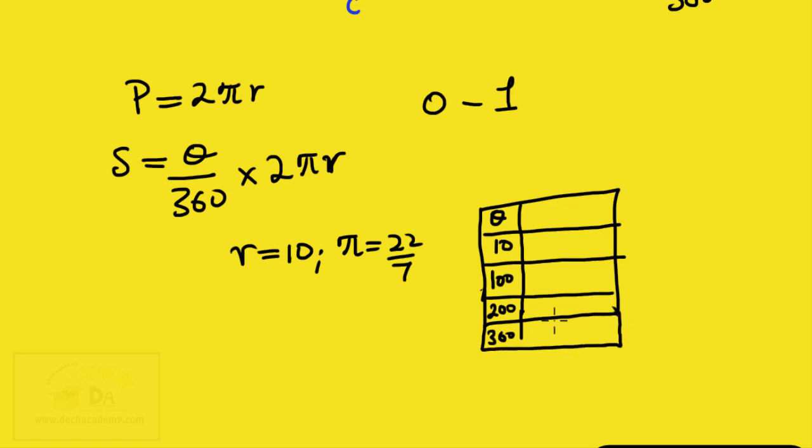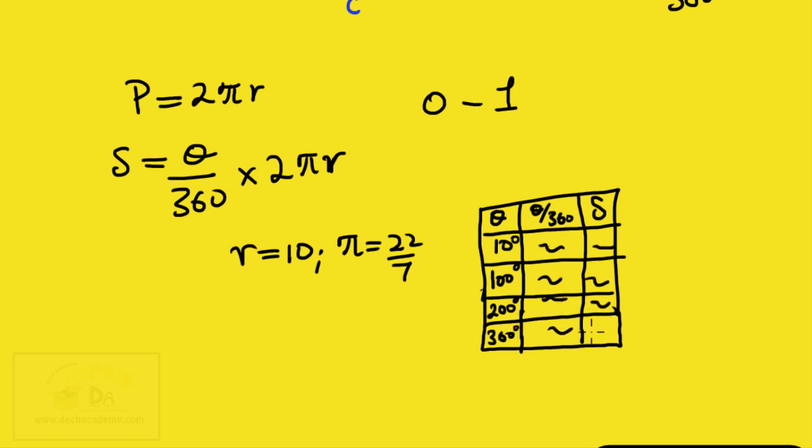So use those values of theta and determine the length of the arc. Or rather, first determine theta over 360 in the next column, and then determine the length of the arc. So when theta is 10 degrees, find theta over 360, find the length of the arc, and do the same for the other values of theta.